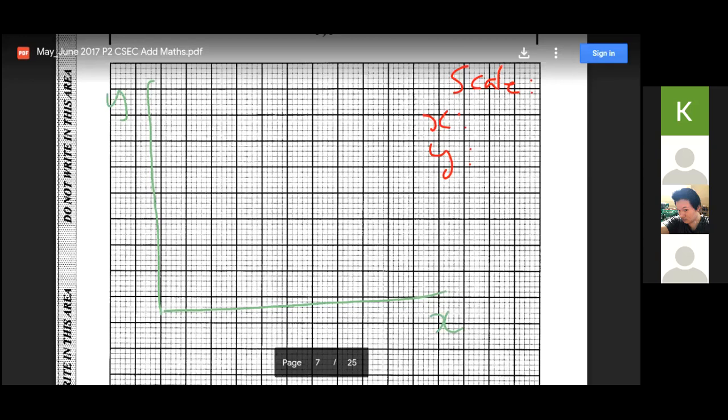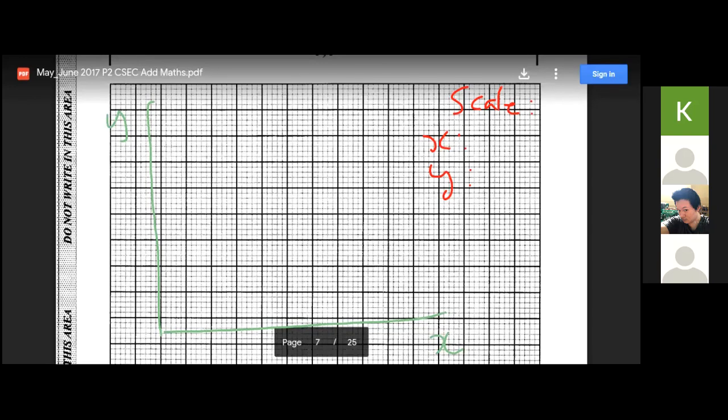You would know all of that, and you go into your exam or your test, and then when it's time to actually sit down and draw the graph, because you did not practice before, you know what to do, but then you don't understand why you can't do it. If I knew what to do, why am I unable to plot this graph? That's why it's very important to practice.